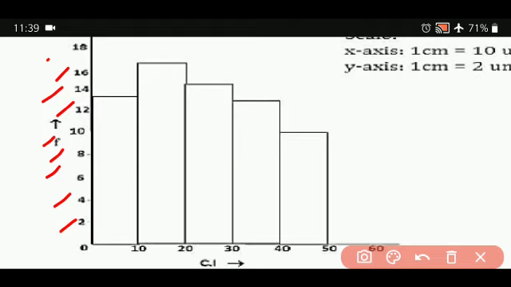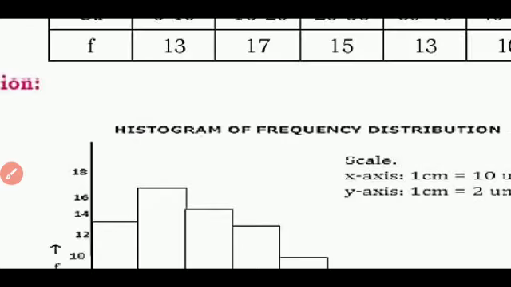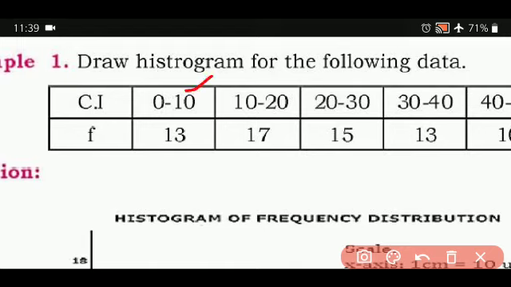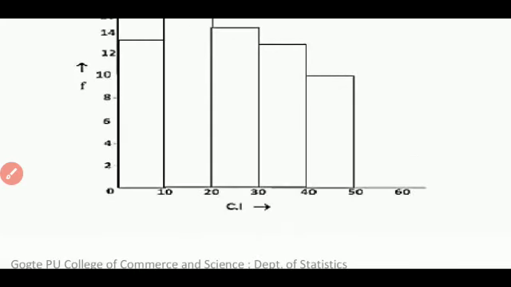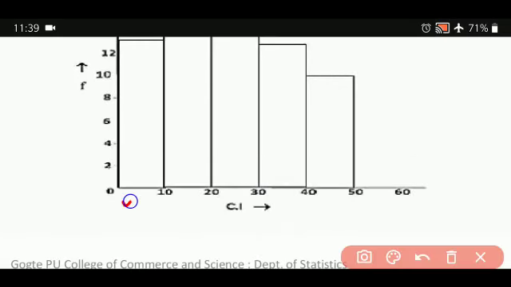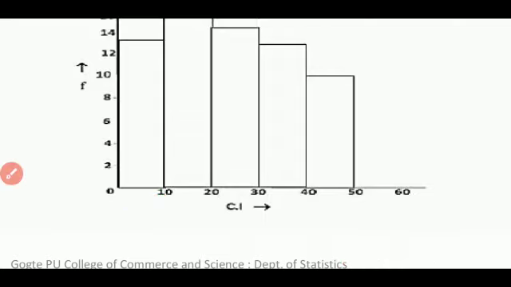So for the first value, that is for 0 to 10, the frequency value is 13. So that much height is going to be there. This 0 to 10 is the width and here 13 is the marking you are going to do. Correct? So this is the first one.